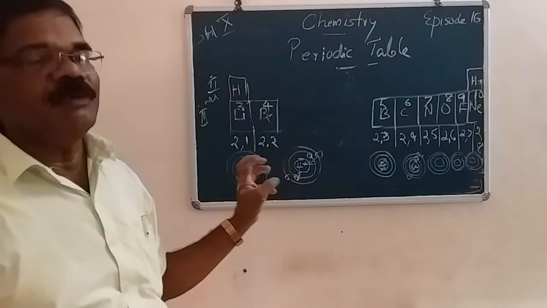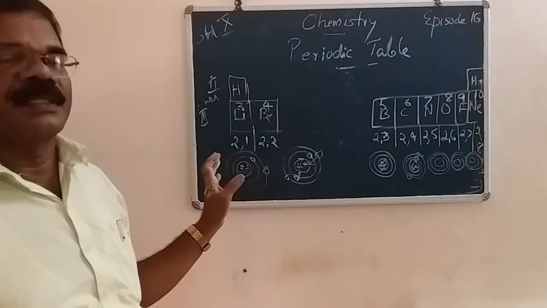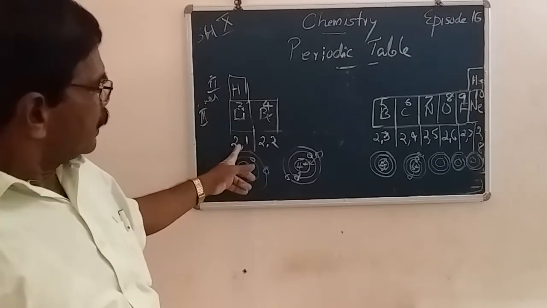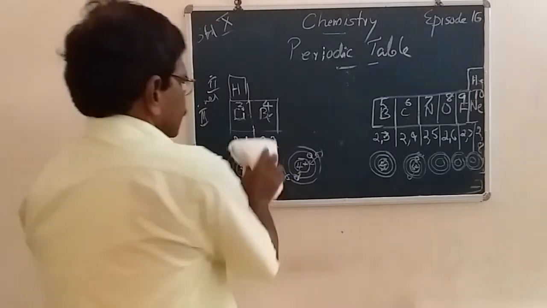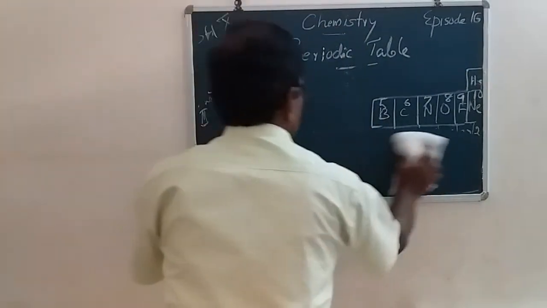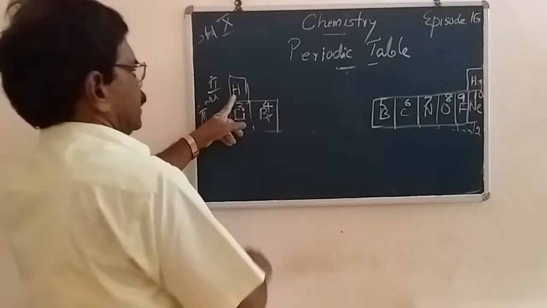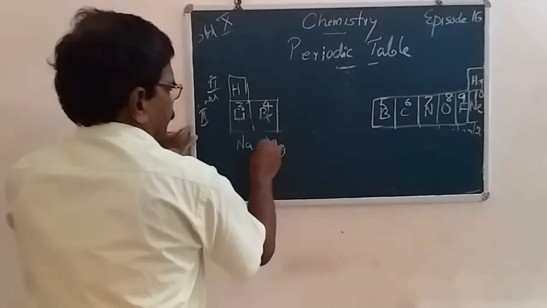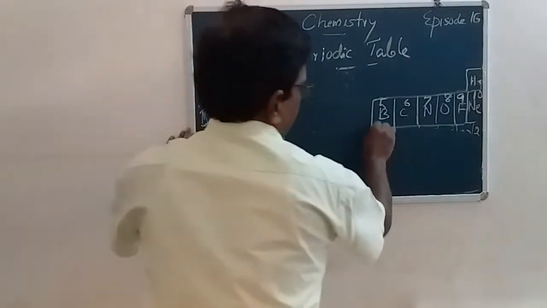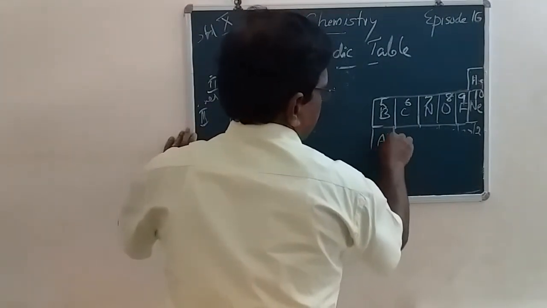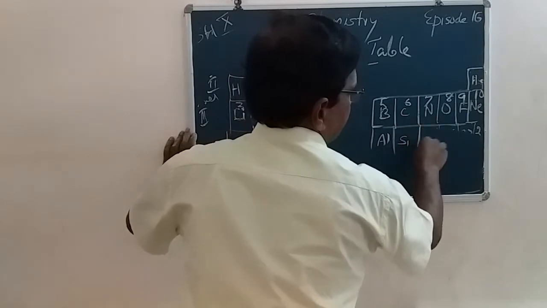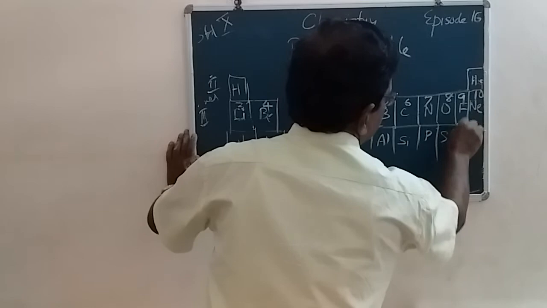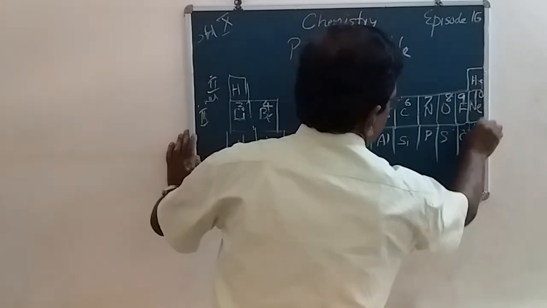Then the period: how does the size of the atom change in a period? If you take the third period: hydrogen, lithium, sodium, magnesium, boron, aluminium, carbon, silicon, nitrogen, phosphorus, oxygen, sulfur, chlorine, fluorine, helium, argon.